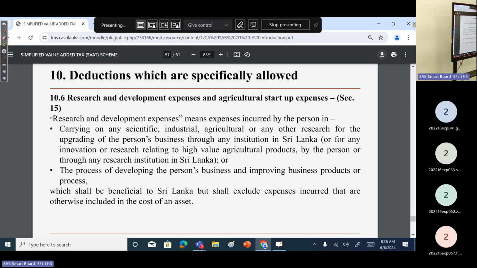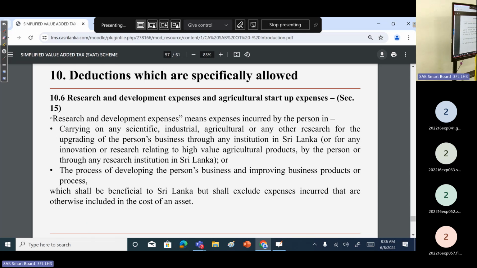But we cannot link research and development expenditure with the revenue. There is no relationship. We cannot establish a relationship between how much you have incurred and how much we earn. So then again there is the question of whether that particular expenditure we can deduct.